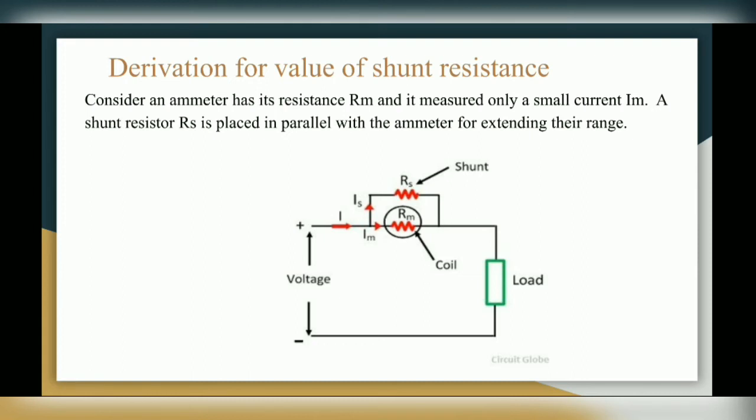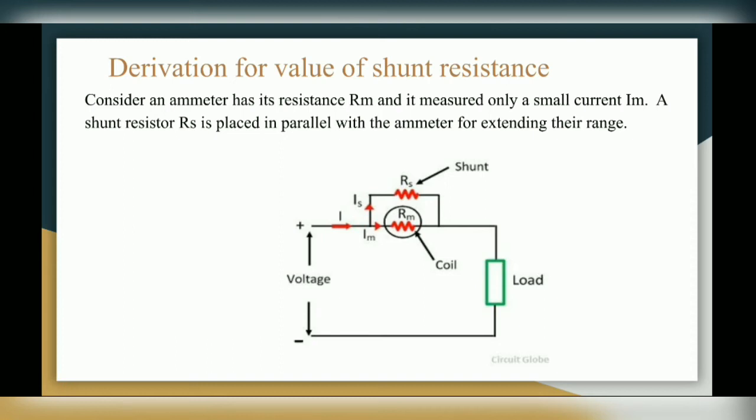On the upper side you can see the shunt resistance denoted by Rs, and the current flowing through this shunt is Is, and the total supply current is denoted by I.